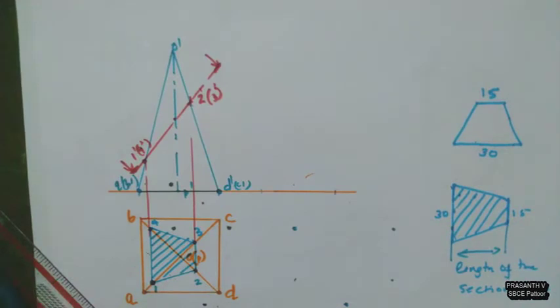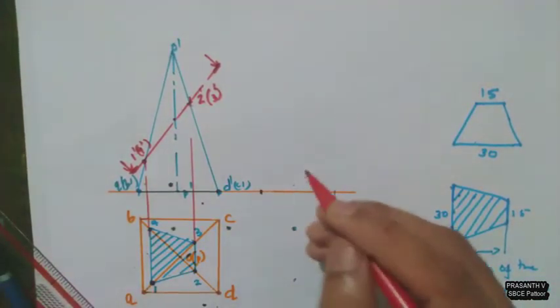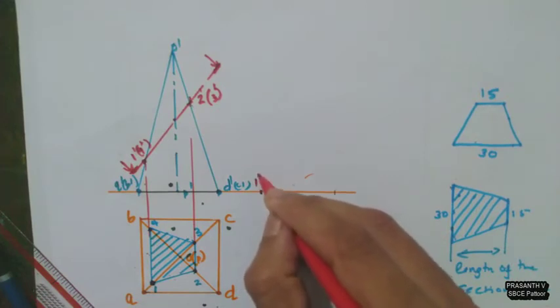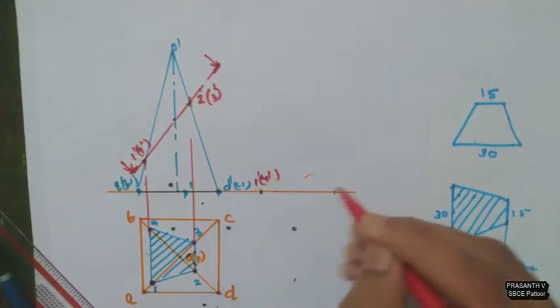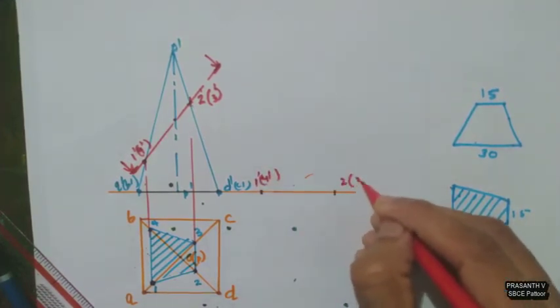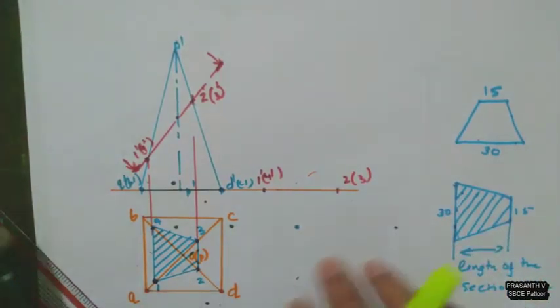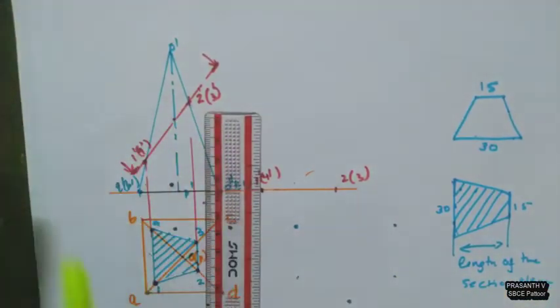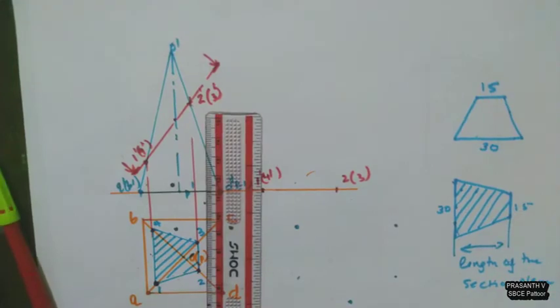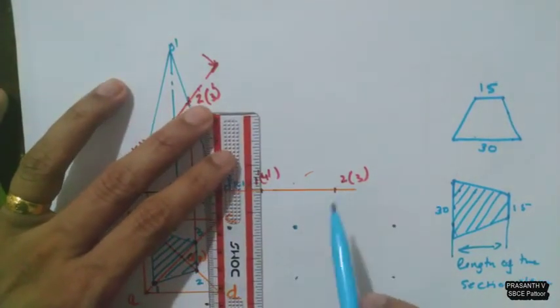You see, this is point 1, 4, this point is 2, 3. Just simply draw the true shape.